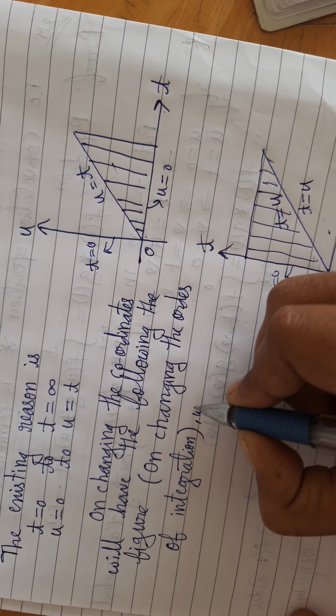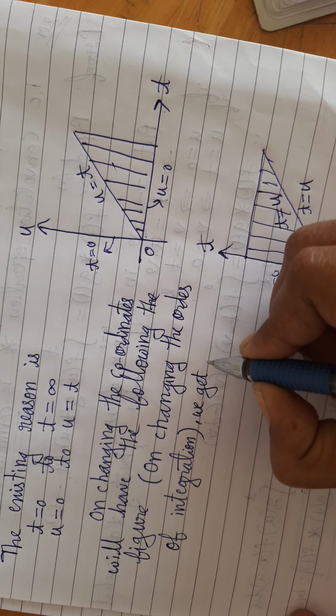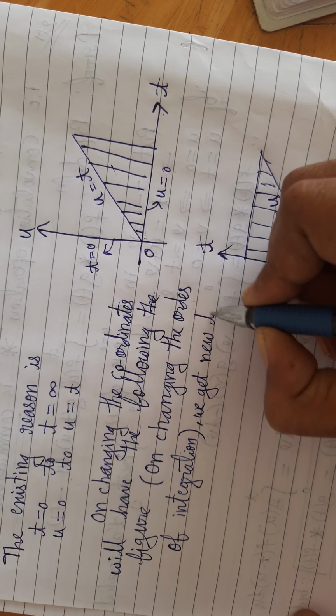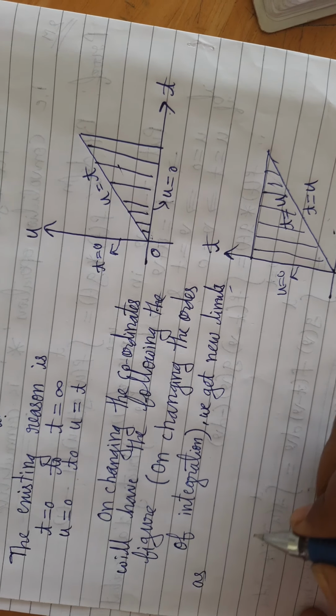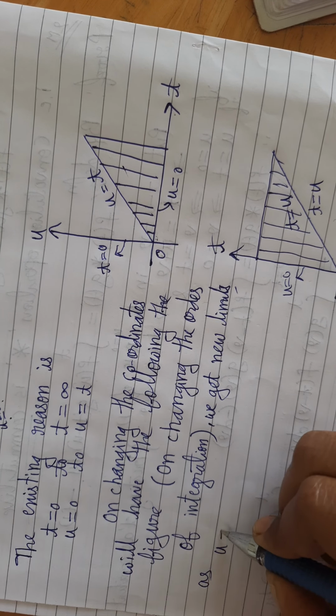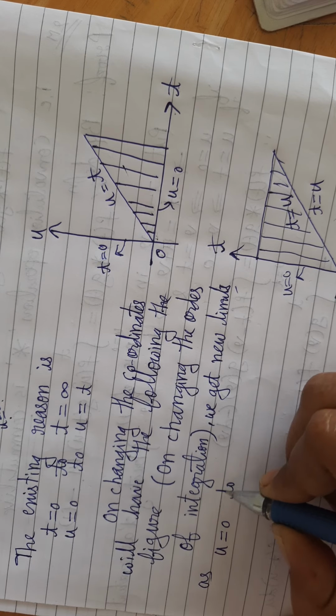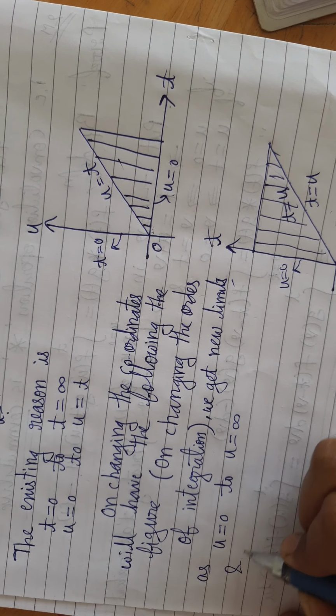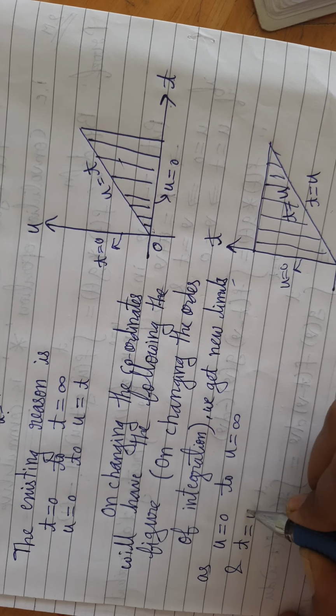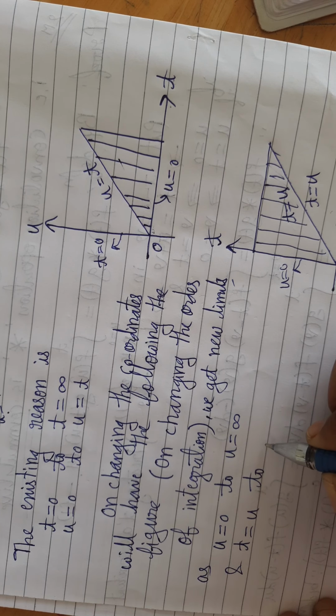We get new limits. As you write, u equals 0 to infinity, and t becomes u to infinity.